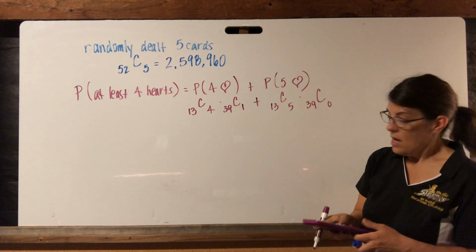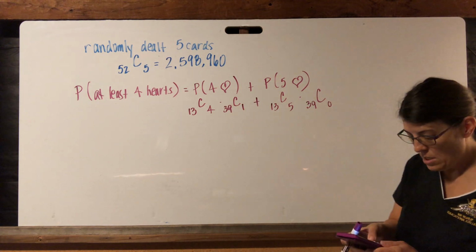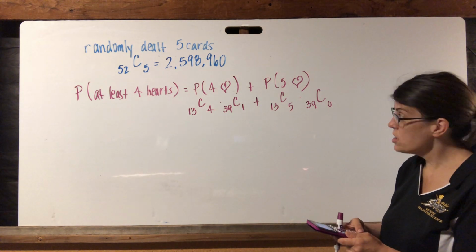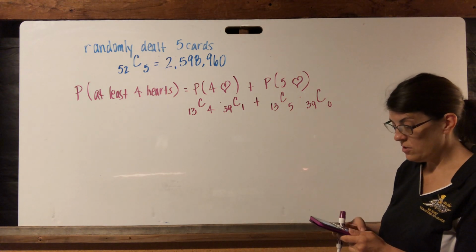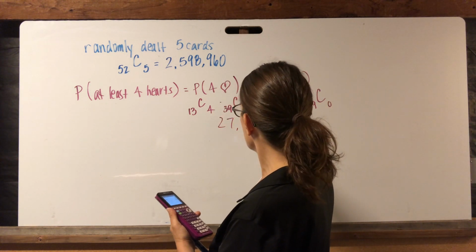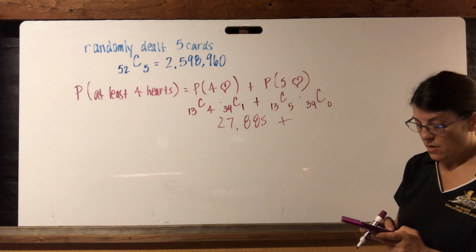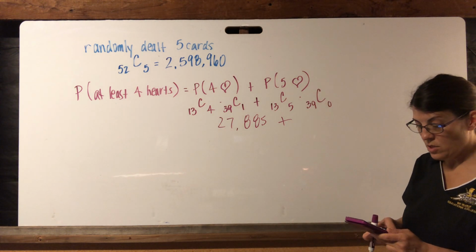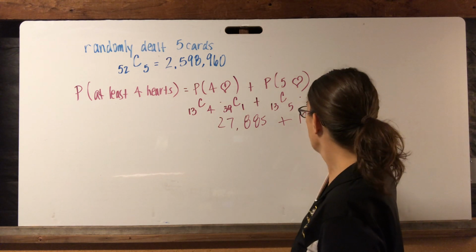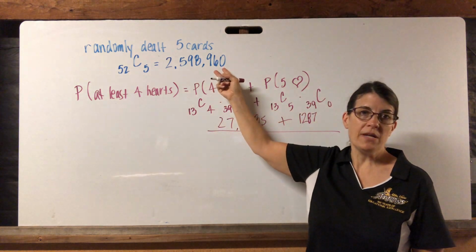Here we go. This would be going so much faster if we were in class because you would be saying all the answers to me. Let's see, 13C4 times 39. This is 27,885 plus 13C5, 1,287, all over this big number.